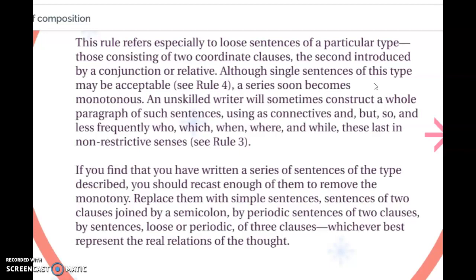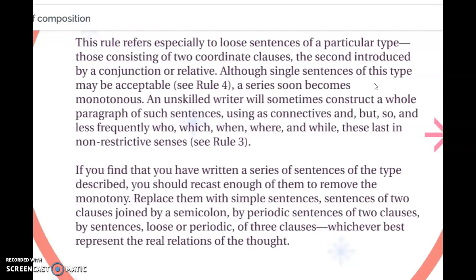So a skilled writer will try to use connectors, but much more frequently to use who, which, when, where, and so on. If you find that you have written a series of sentences of this type, you should recast enough to remove the monotony. Replace them with simple sentences, sentences of two clauses joined by a semicolon, or periodic sentences of two clauses. Remember, in general, whichever represents best the real relationships between the different ideas is best.